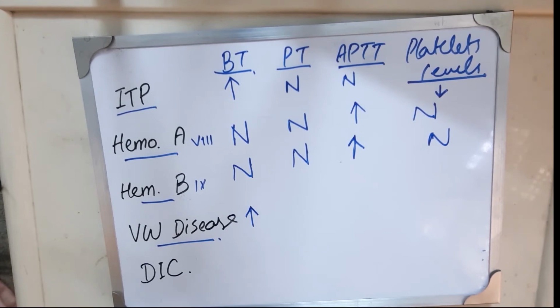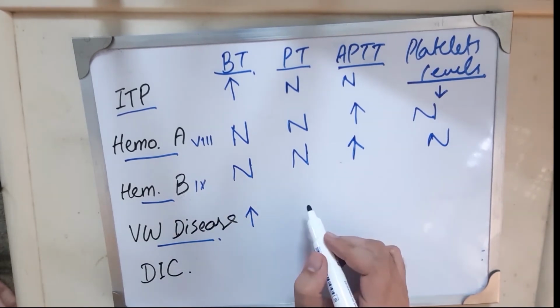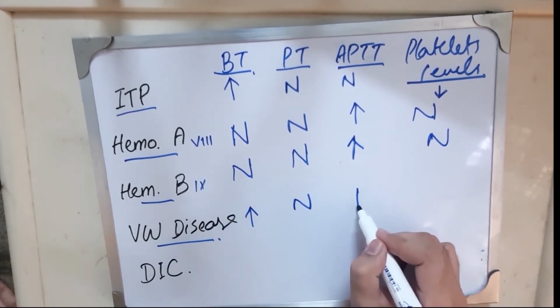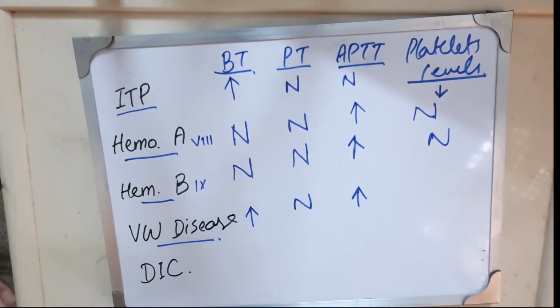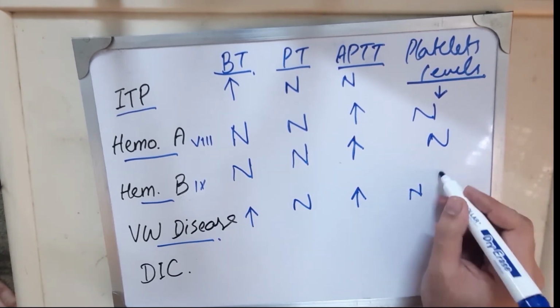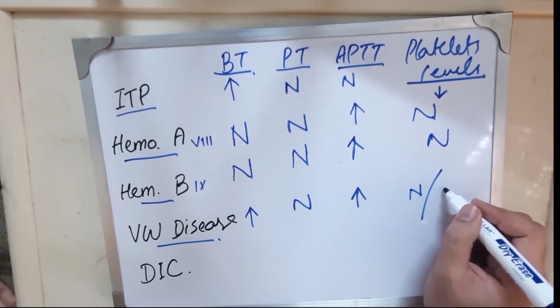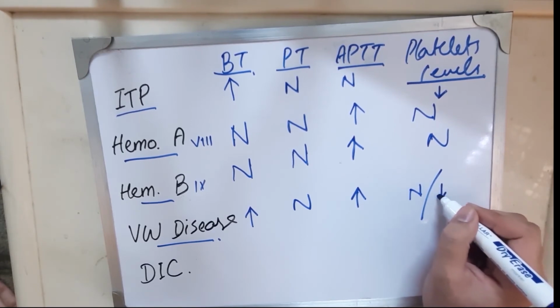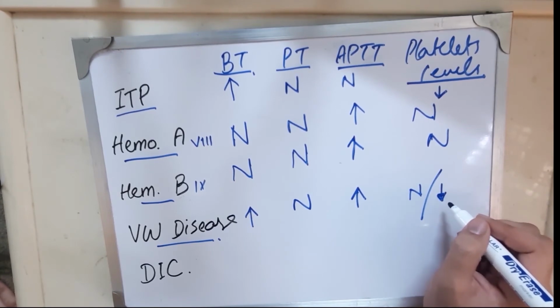Prothrombin time is normal. APTT is increased due to abnormal function of factor 8. Its levels are also decreased. Platelet levels may be normal, may be decreased. There is no single test that can diagnose von Willebrand disease.